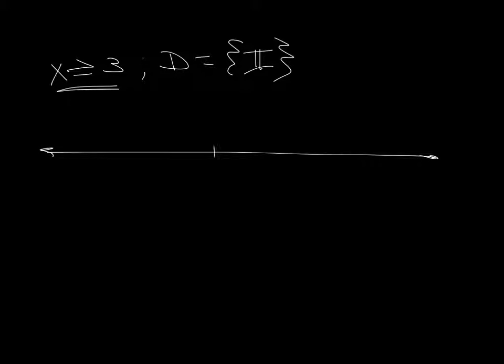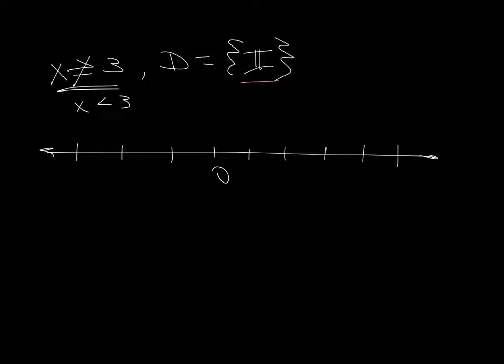So x has to be a number that's bigger than or is 3. Now what if I said x is not bigger than or equal to 3? Well, then x must be smaller than 3, right? It can't equal 3 because I just said it can't. So I'm looking at all integers that are less than 3.